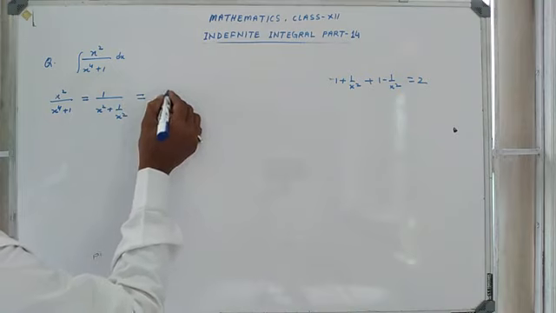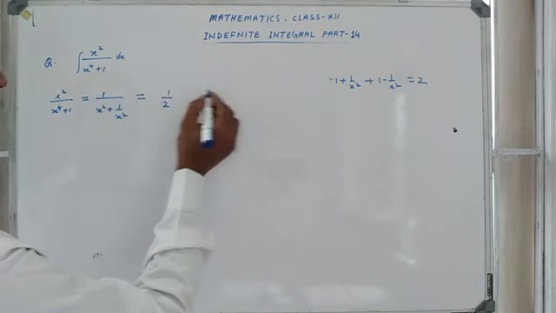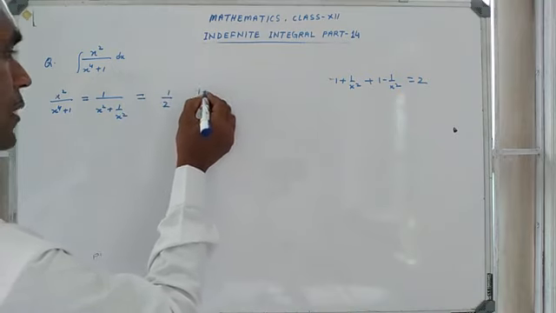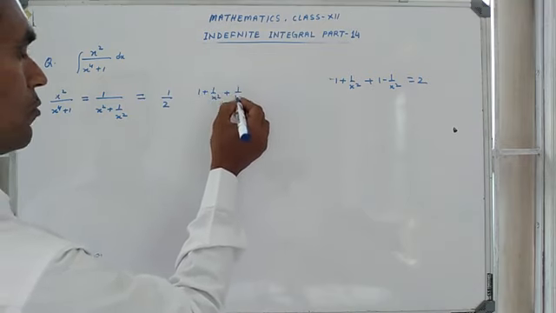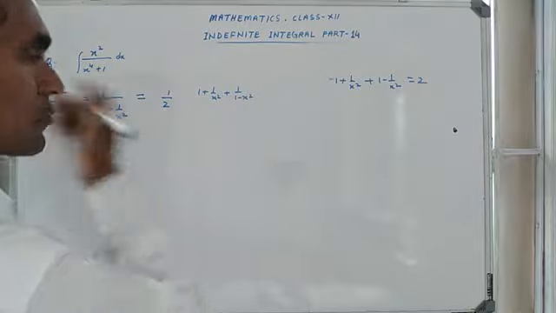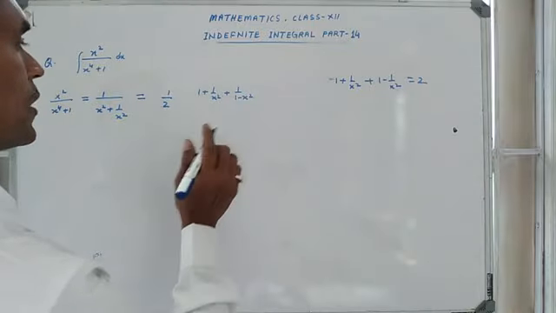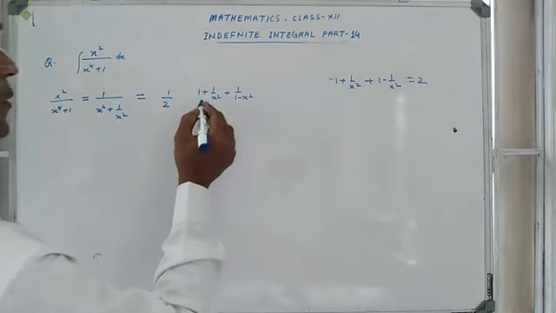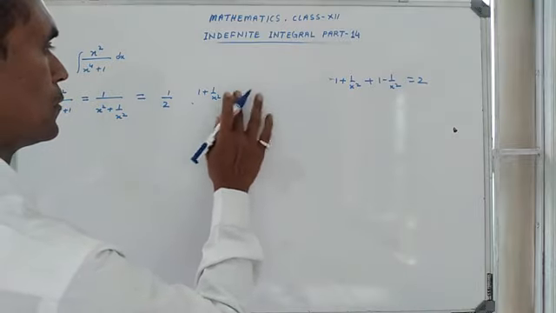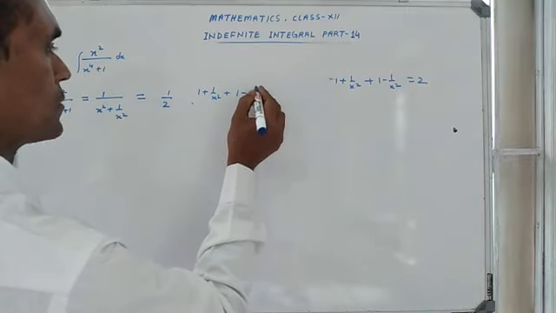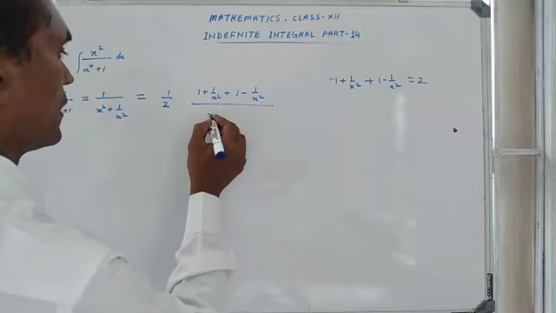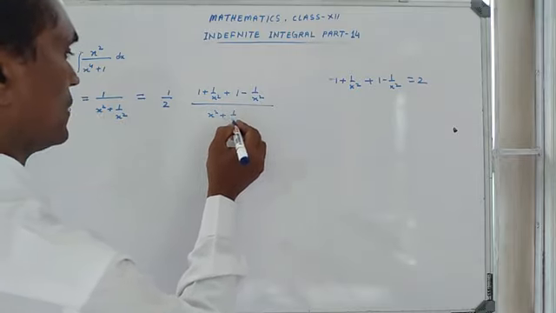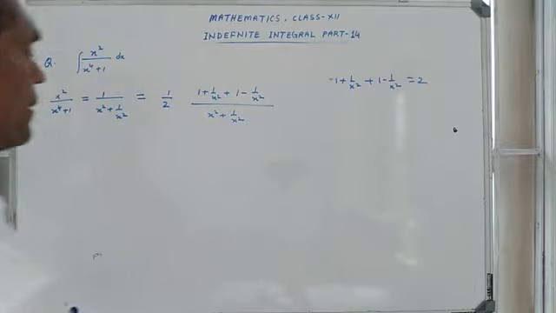So 1 by 2, and this is equal to 1 plus 1 by x square and plus 1 minus 1 by x square, divided by x square plus 1 by x square.